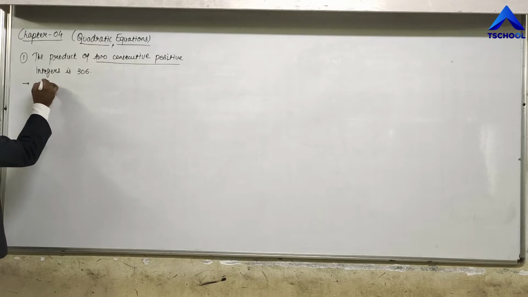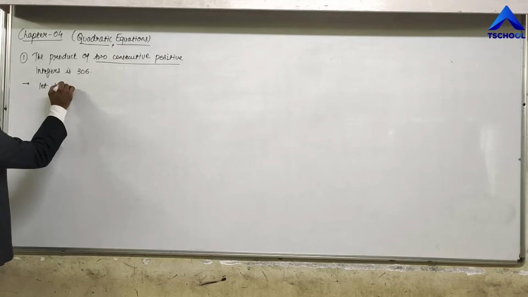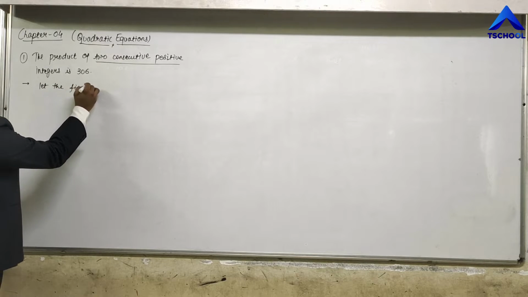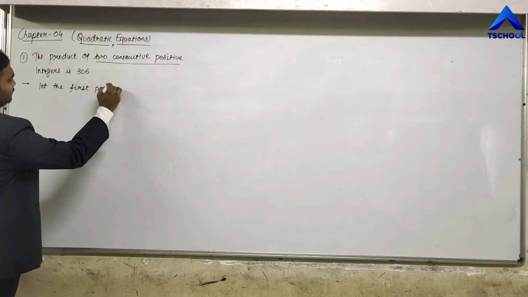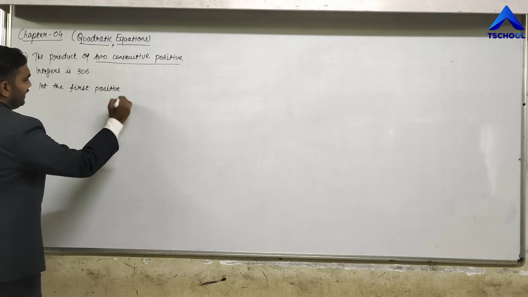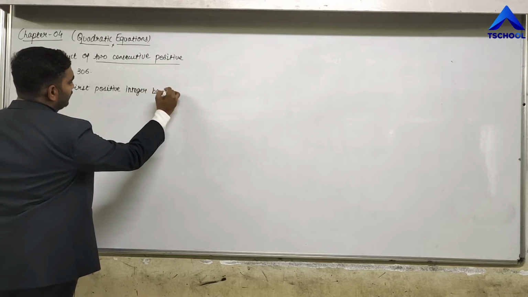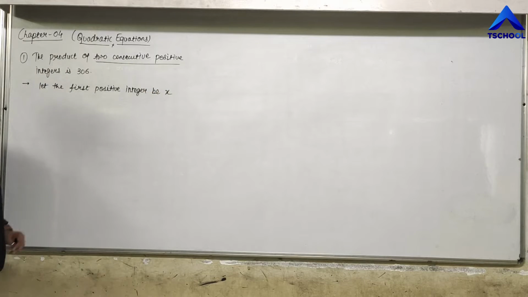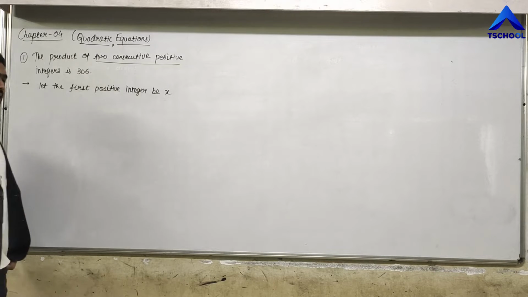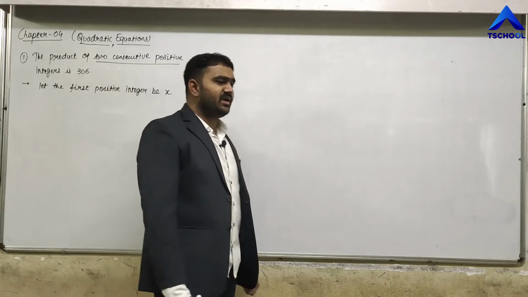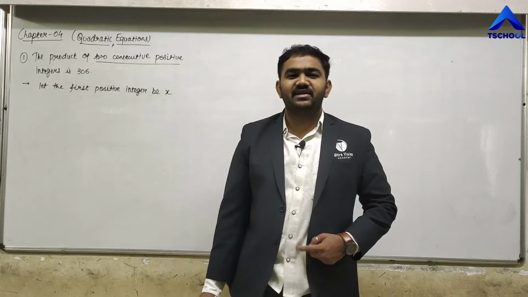So the solution goes like, let the first positive integer be x, right? I'm taking the first positive integer be x, that means my second integer be y? You will say that this is y.